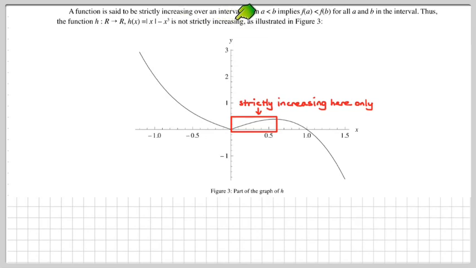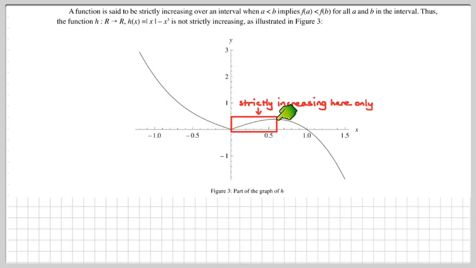Well, of course it's not. We can see that as illustrated in figure 3. But for a part of its domain it is. It's going down here, so that's not strictly increasing, but it is going up from this pointy cusp bit here. It's going up until it flattens off at zero gradient, which I think I worked out is the point where x is 1 over root 3.